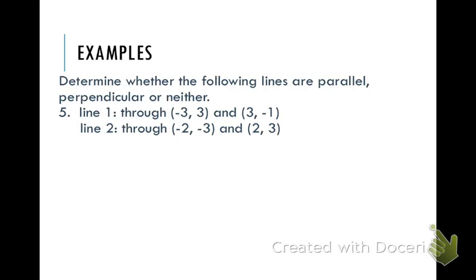So it says determine whether the following lines are parallel, perpendicular, or neither. So if we find the slope of line 1, does it fit a special case up here with 1? No. So I'm going to have to go -1 minus 3 over 3 minus -3.